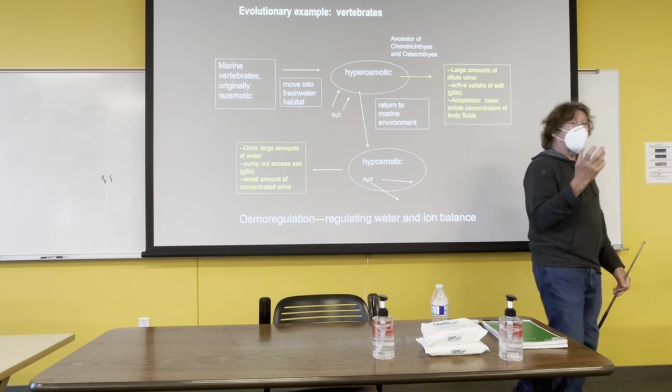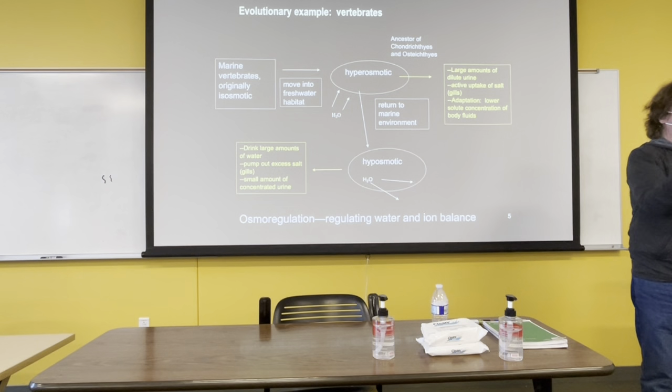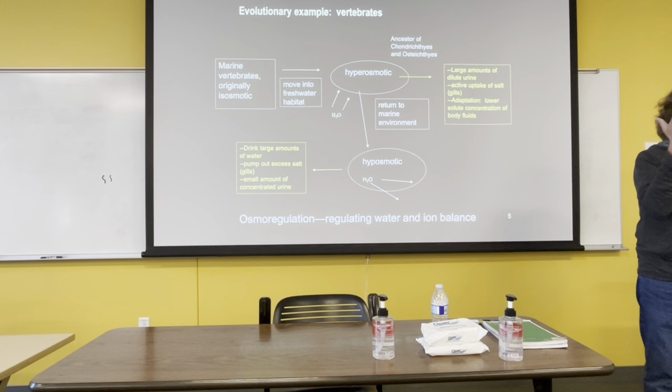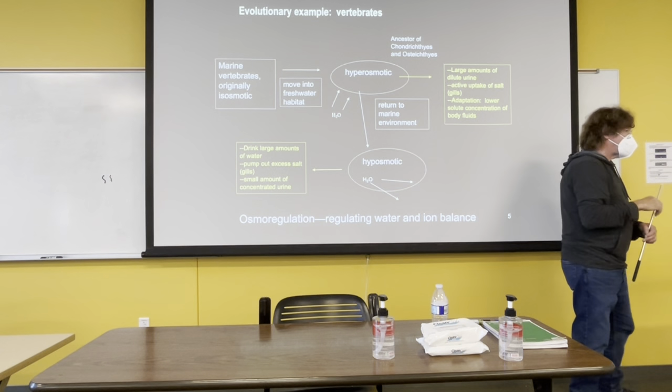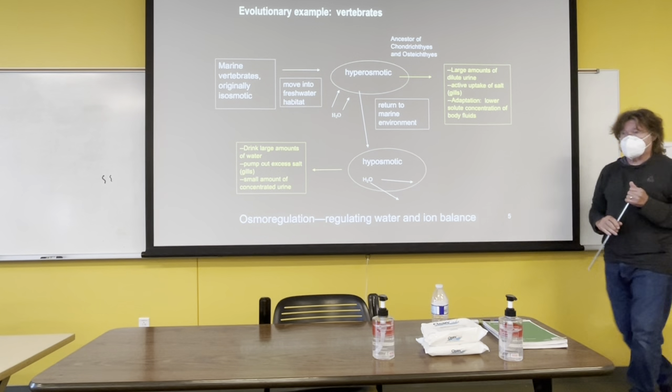And therefore, they store a lot of urea in their body fluids, and that makes them isosmotic. Okay, but it also requires a certain type of protein, I forgot what it is, that prevents the proteins from denaturing in the presence of high concentrations of urea.